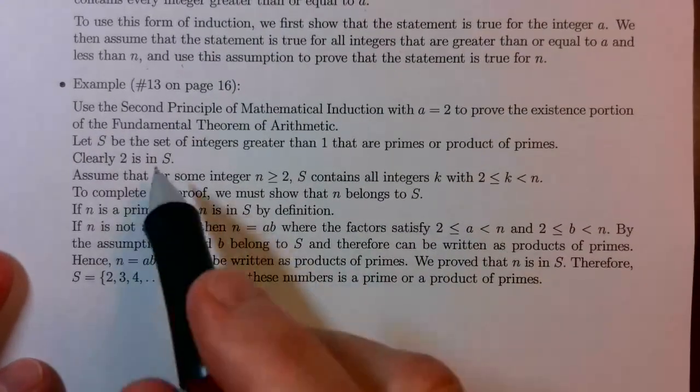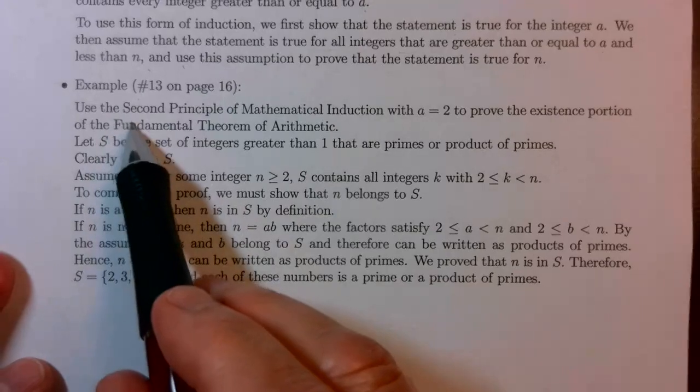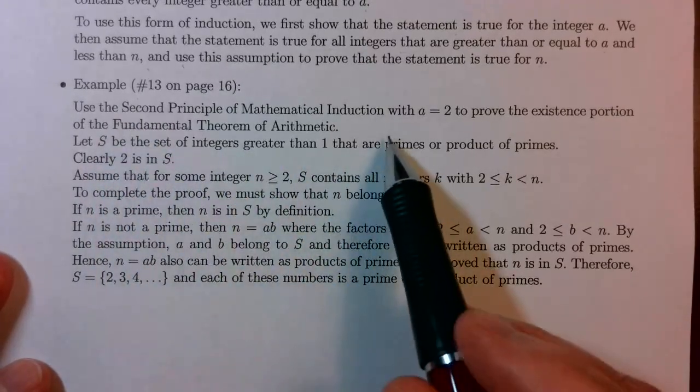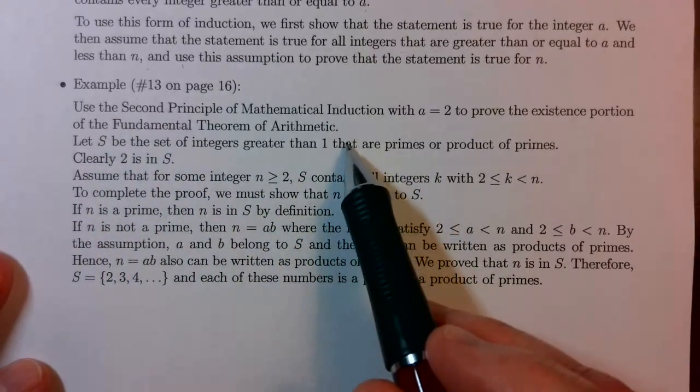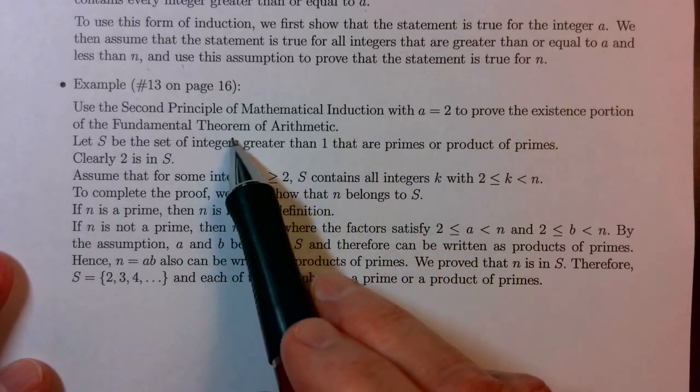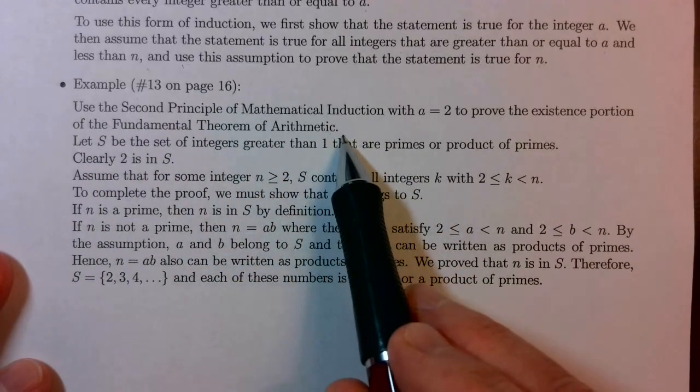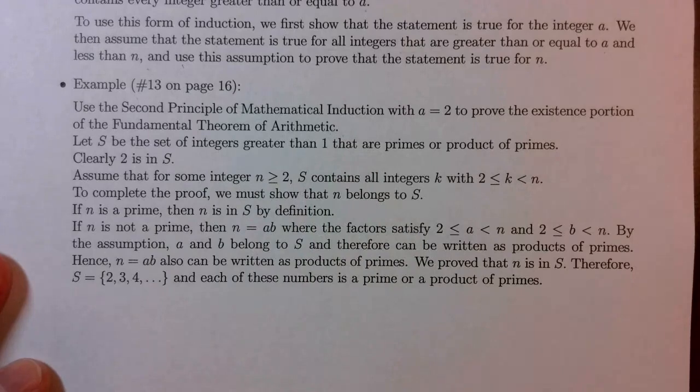We will use this theorem to prove the existence portion of the fundamental theorem of arithmetic, which means that we have to prove that any integer greater than or equal to 2 can be written as a product of primes or is a prime.